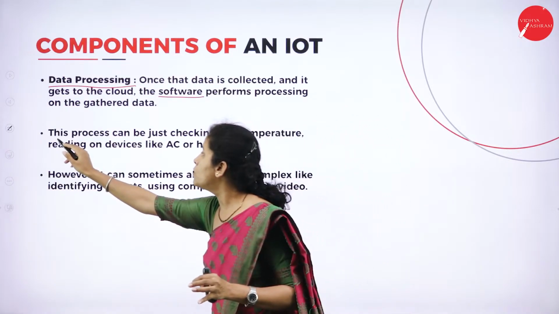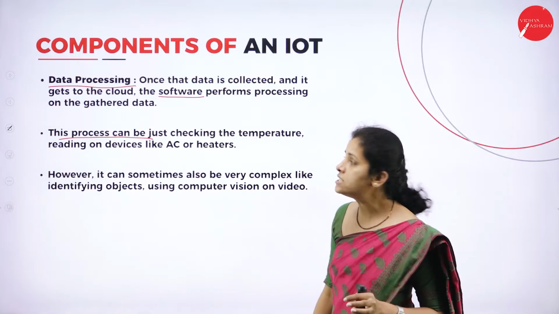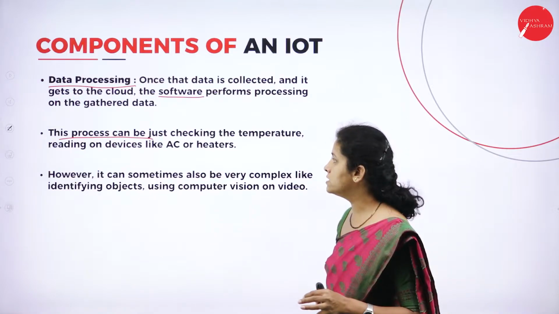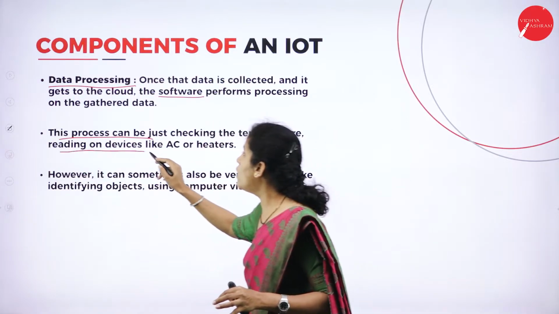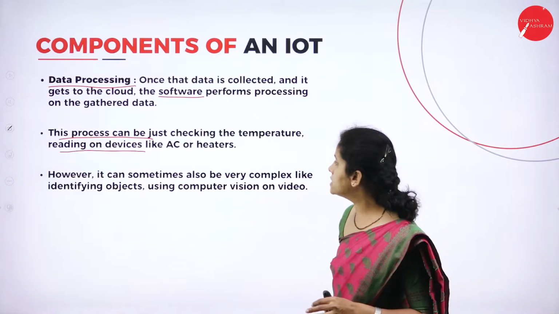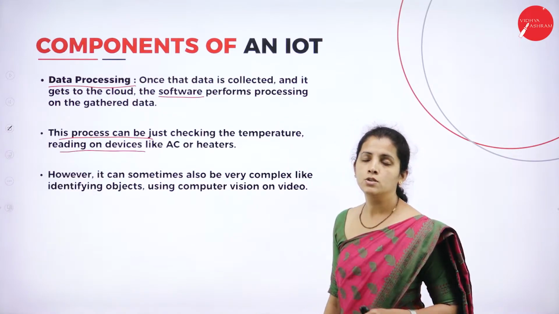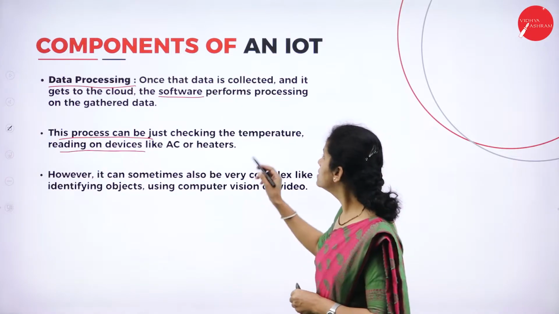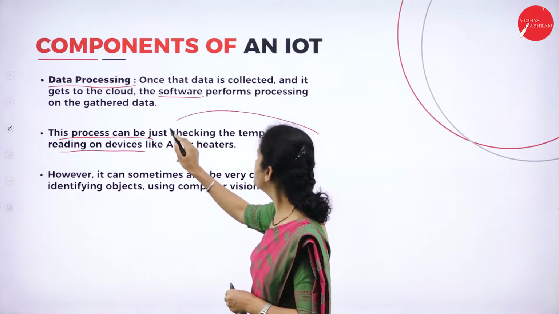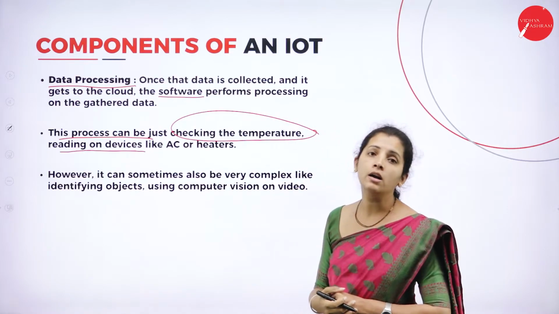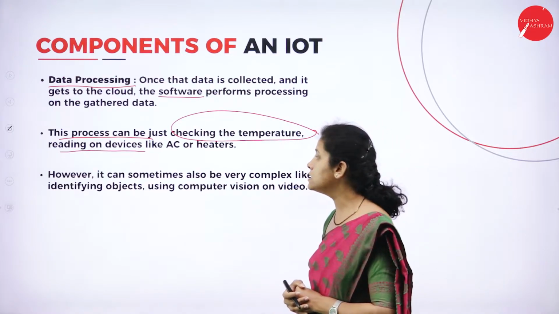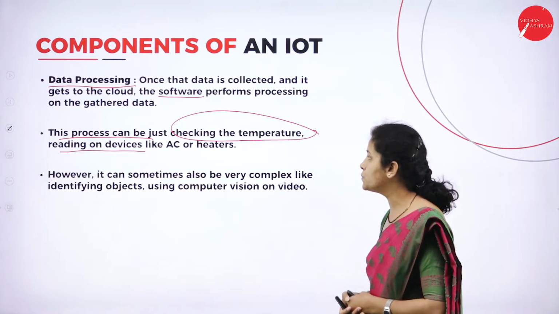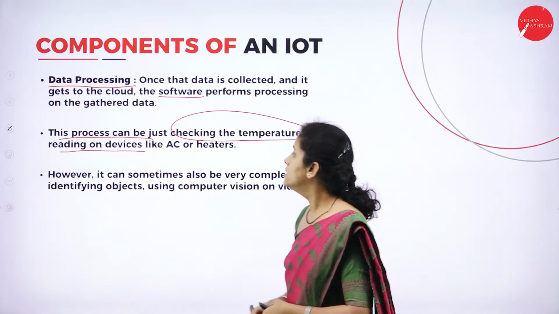This process can be just checking the temperature or reading on devices like an AC or heater. So what is the job of data processing? It is checking the temperature or reading on devices like the AC as well as the heater.